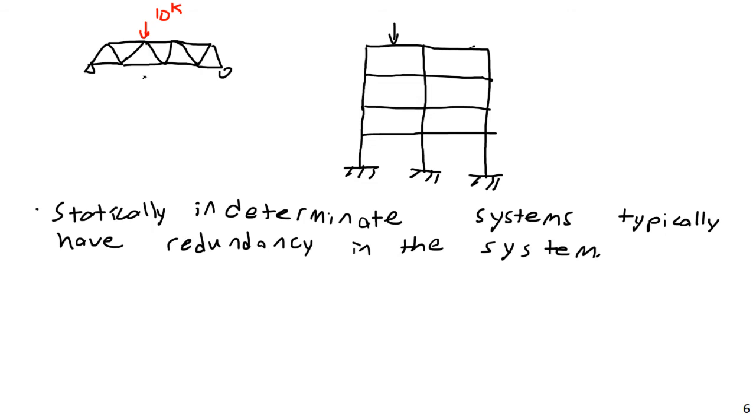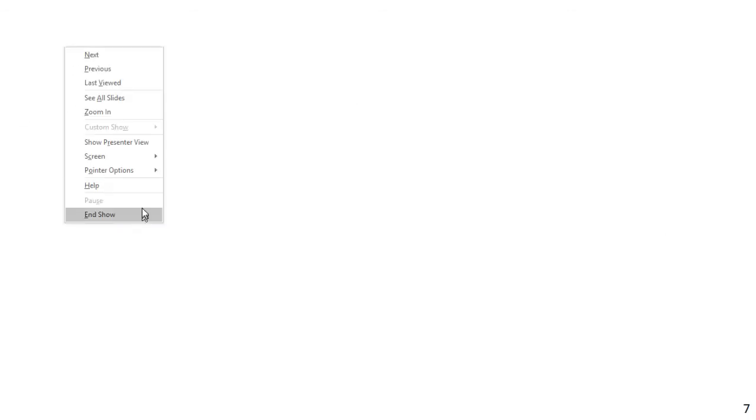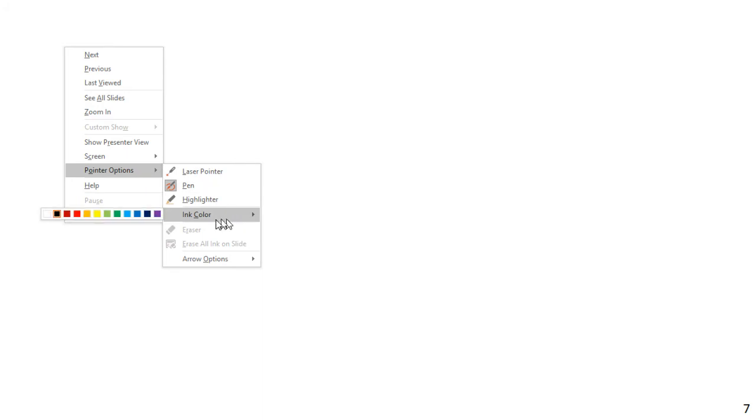But anyway, next I'd like to define stability. Stability, fundamentally, represents this question.